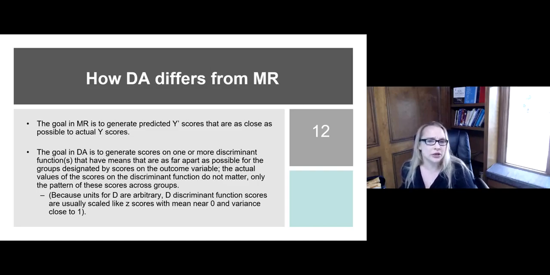So we're going to predict scores on one or more functions that have means as far apart from each other as possible. In discriminant analysis, we are going to look at the within group and the between group values. So it is about strengthening your within group and then having more distance to the outside, so that the groupings seem to be unique and distinct so that we can minimize the overlap between the groups as much as possible.